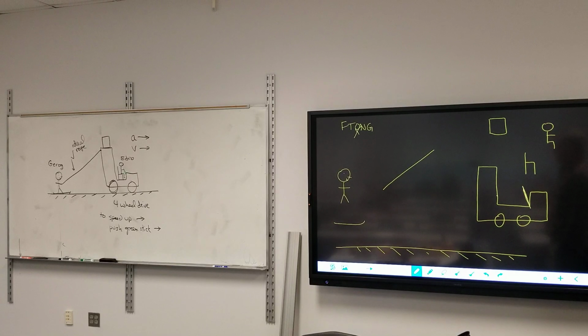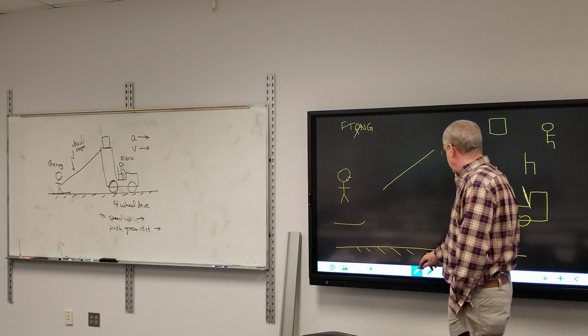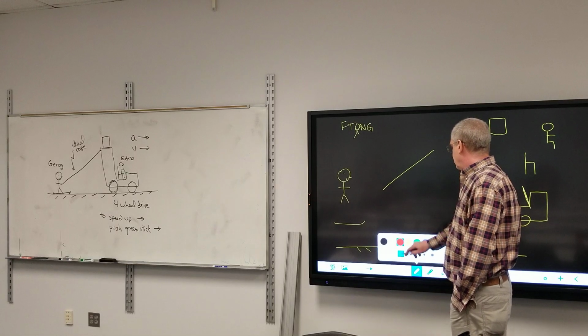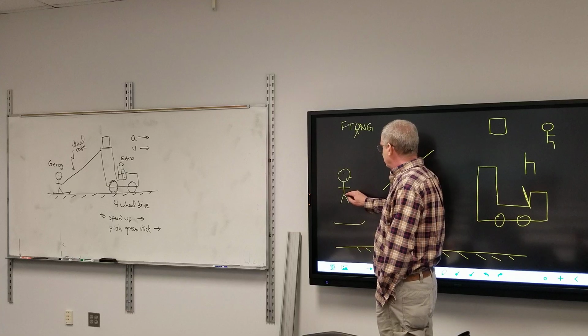Okay, so let's deal with lefty to righty. Let's do friction last, because that's the trickiest one of them all. Let's do gravity. Which way is that acting on what object? So everything, gravity's pushing down.